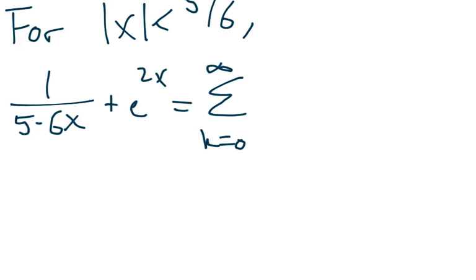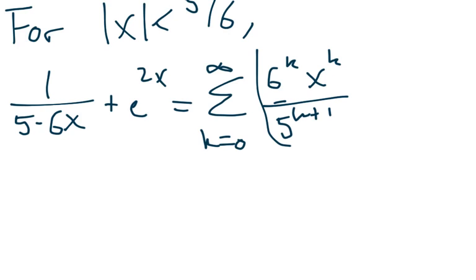So now we have this 6 to the k, x to the k, over 5 to the k plus 1. And this is all within one bracket, and then plus, well, we have this 2x to the k, so 2 to the k, x to the k over k factorial.